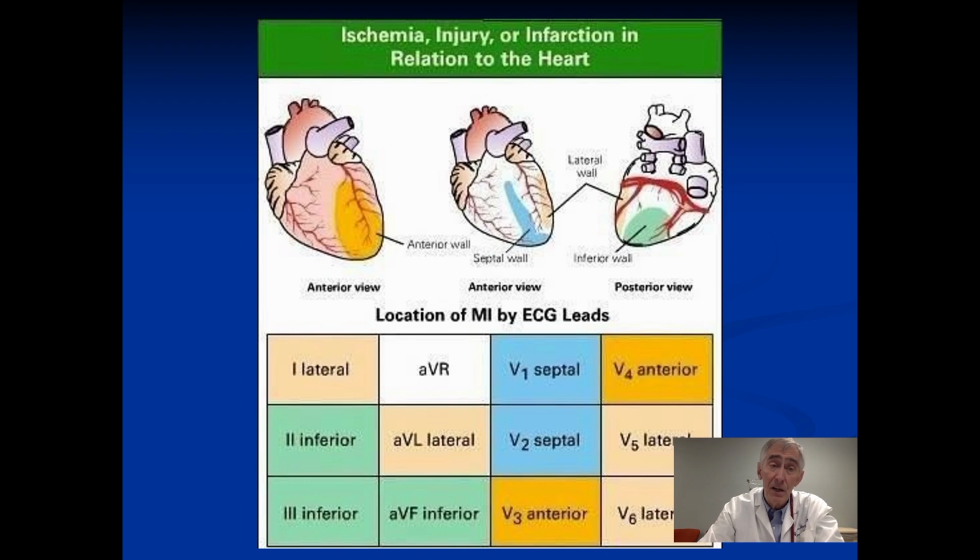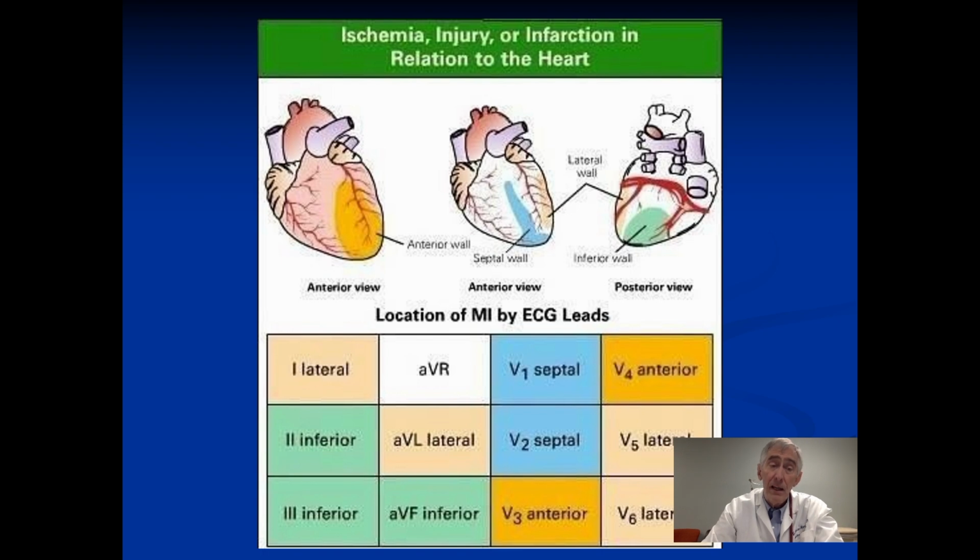So you can see on this diagram that the left anterior descending artery comes down here and it hits the septum, the anterior wall, and the lateral wall. So this is a major league infarction.